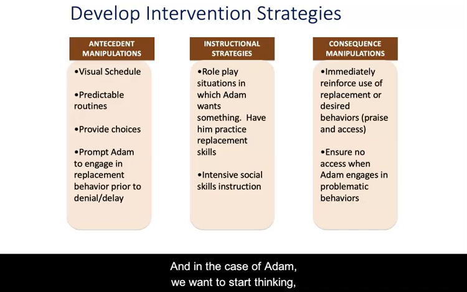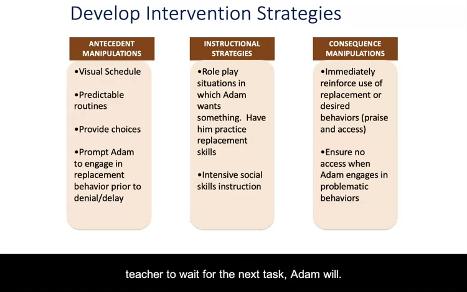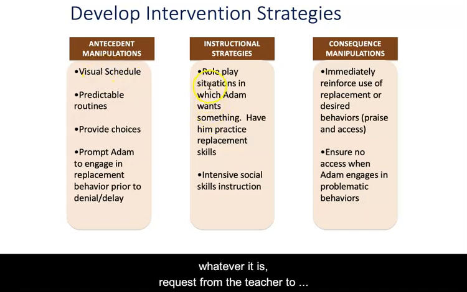And in the case of Adam, we want to start thinking, well, what is it we're trying to work on? We would develop a goal that might say, given a request from a teacher to wait for the next task, Adam will, depending on what we select here, use his visual schedule and whatever it is, request from the teacher to engage in that activity within a certain number of seconds, which would be waiting.